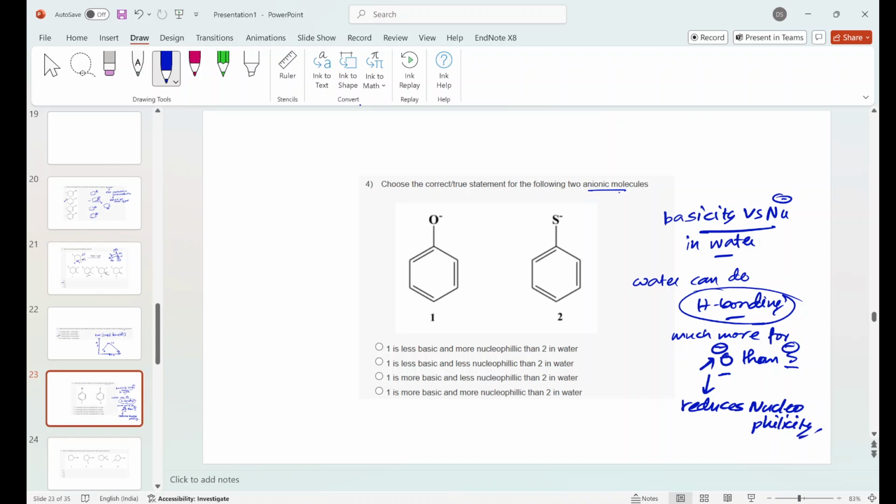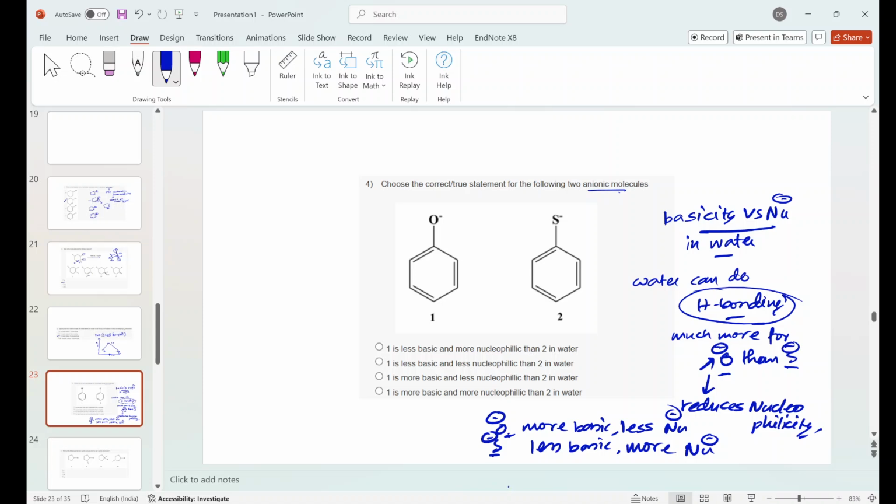Okay. So the scenario will be like O minus more basic, less nucleophilic, S minus less basic, more nucleophilic, because this is not that much stabilized or hydrogen bonded as compared to the oxygen.